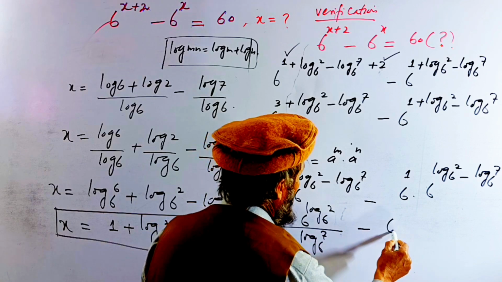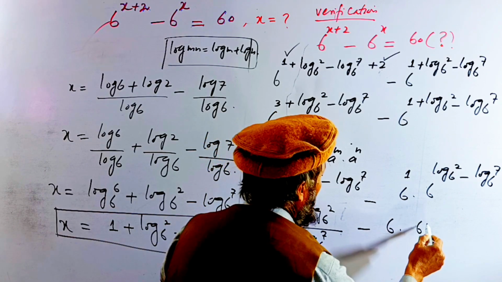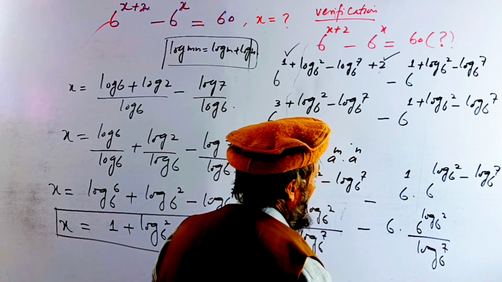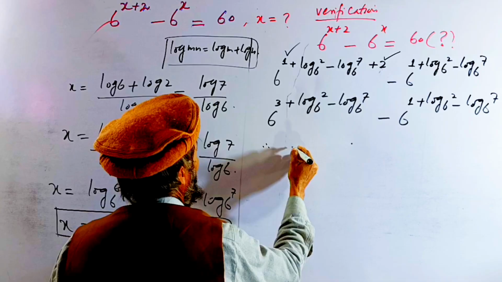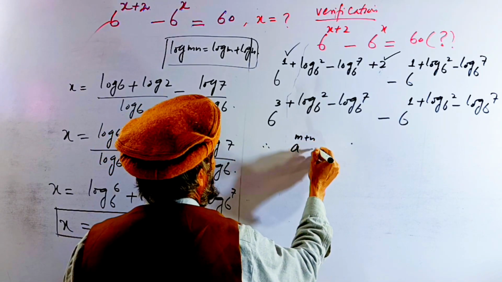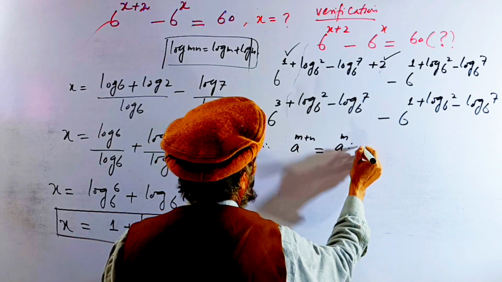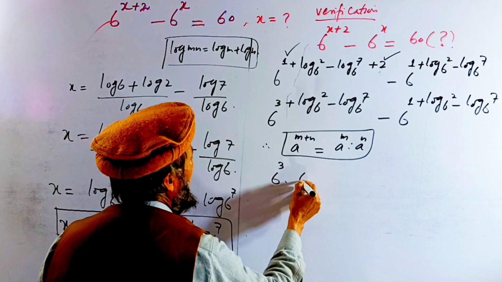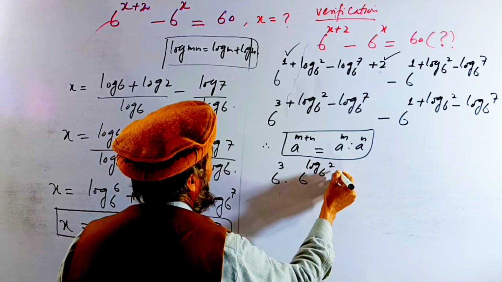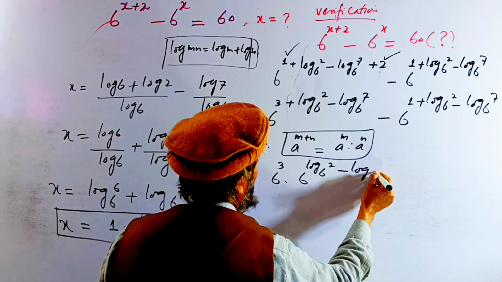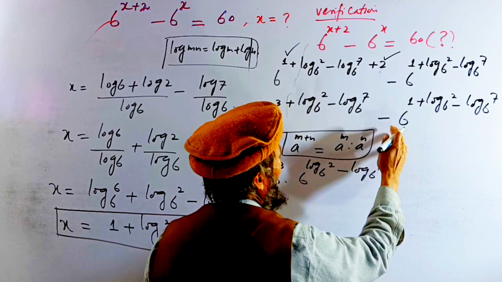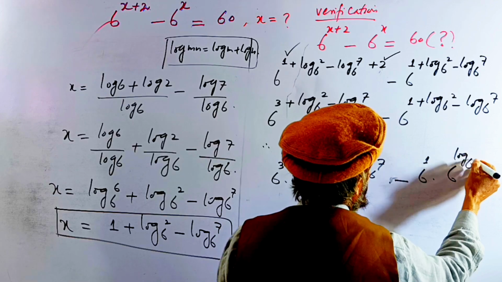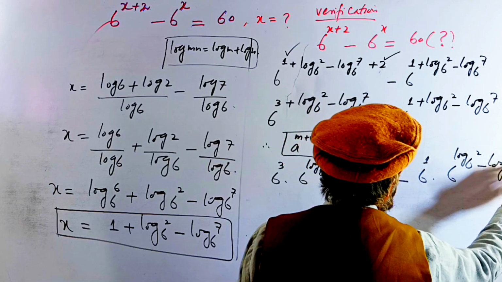Similarly, here minus 6 into 6 power log base 6 of 2 divided by 7. a power m plus n is equal to a power m dot a power n, and here we can also apply this rule: 6 power 3 and 6 power log base 6 of 2 minus log base 6 of 7, minus 6 power 1 dot 6 power log base 6 of 2 minus log base 6 of 7.